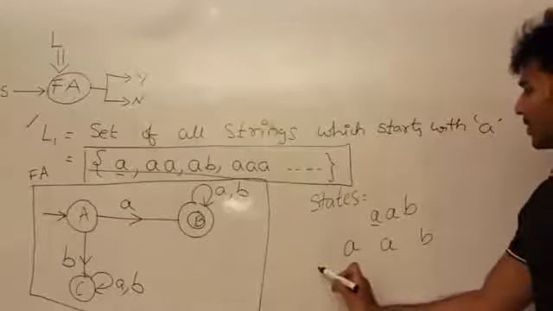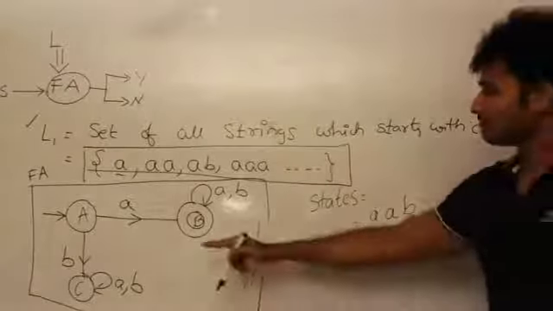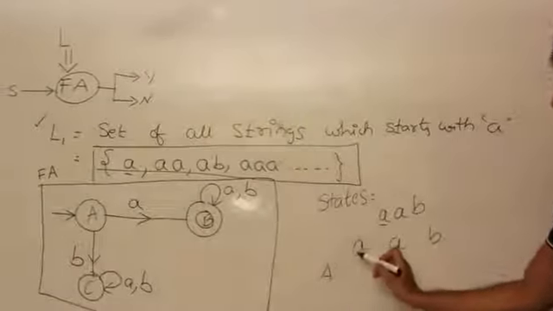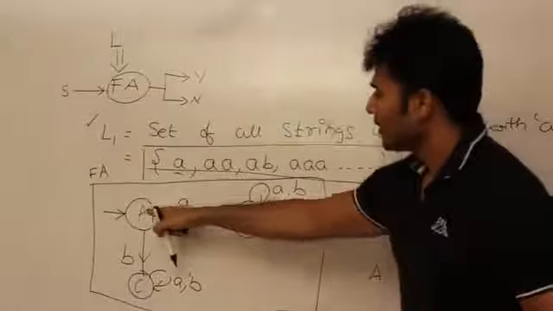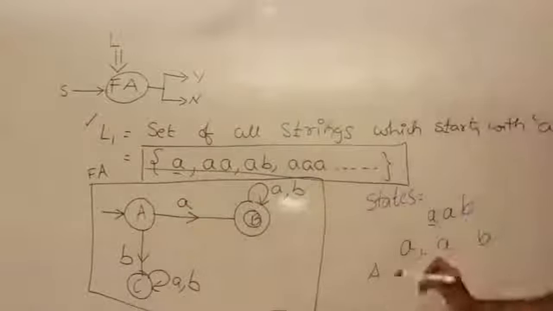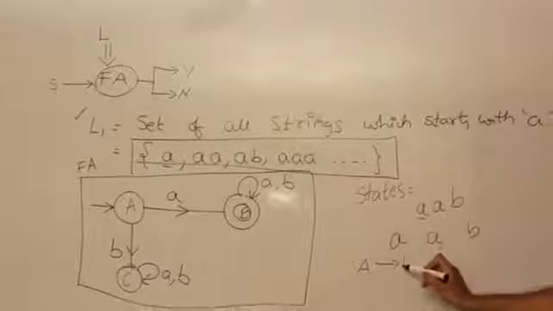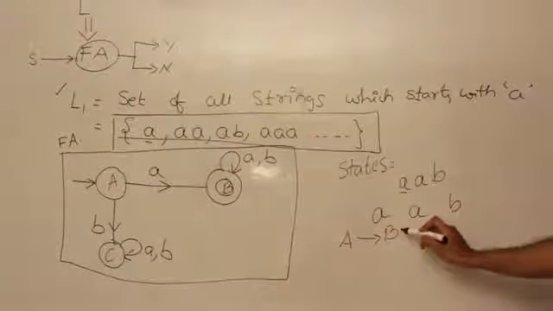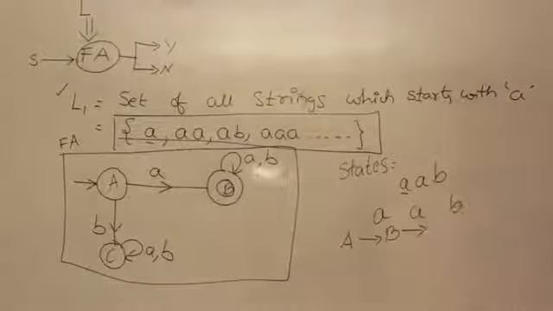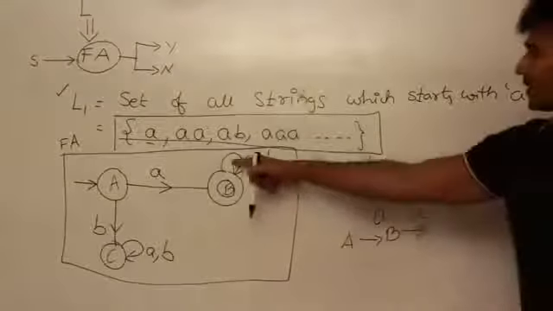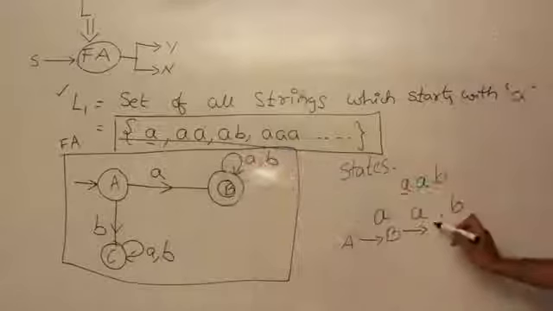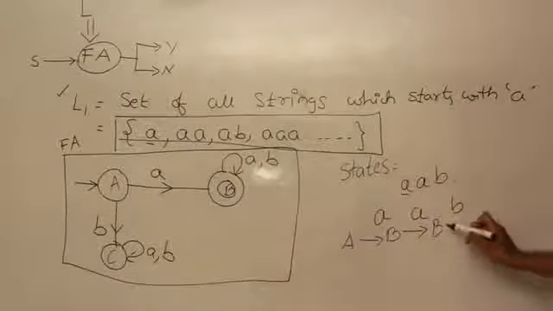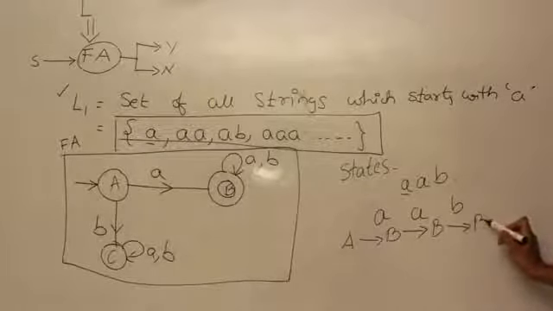Initially I'll be starting from the initial state A. Upon looking at small a, A goes to state B, and upon looking at the symbol small b, B stays in the same state.